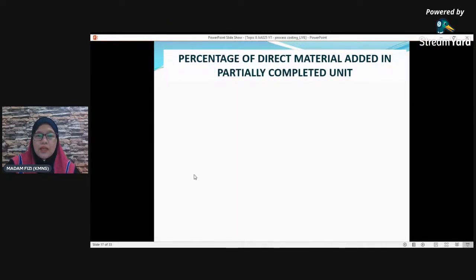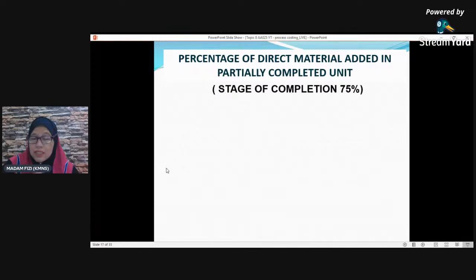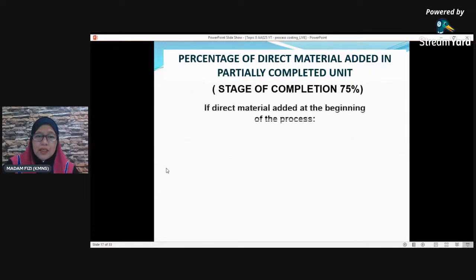Okay. Now, kita nak tengok the percentage of direct material added in partially completed unit. Yang ni saya nak awak fokus juga sebab takut awak tak faham. Katakan completion unit kita adalah 75%. Maksudnya dia tak siap lagi. Dia baru siap 75%. Sekarang ni kita nak tengok pasal direct material.